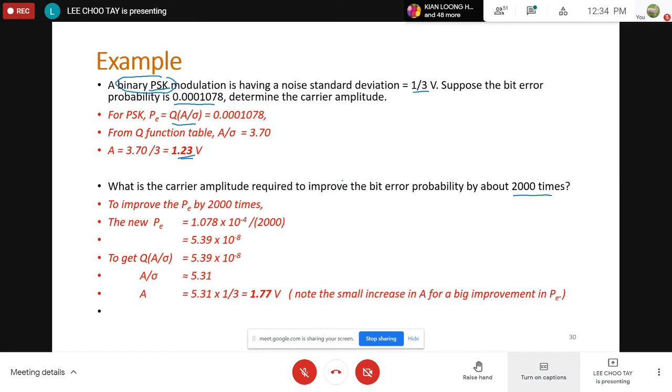So you need to find the new probability of error, which is the current one divided by 2000. That gives us 5.39 times 10 to the power of minus 8. Now we go back to our Q function table and find the Q of X value of 5.39 times 10 to the power of minus 8.